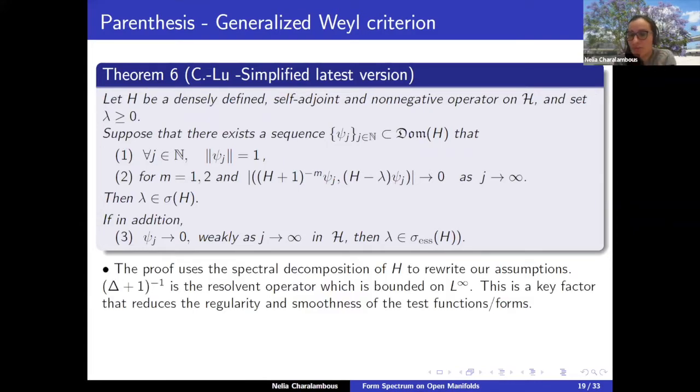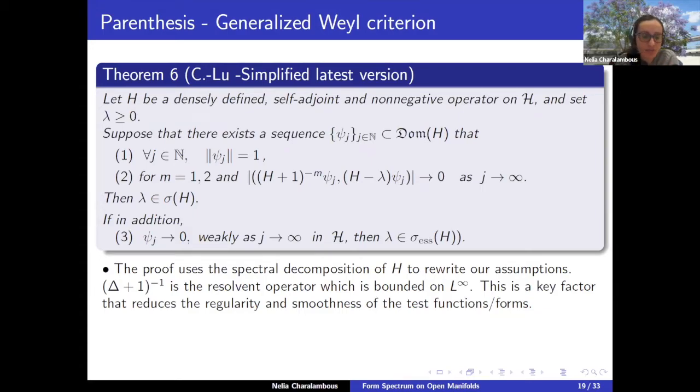So the proof is an analytic one, and uses a spectral decomposition theorem to rewrite our assumptions. And the nice part about this result is that the resolvent operator is always an operator which is bounded on L infinity. So if we have these nice bounded test functions or forms, all we have to do is show that the L1 norm of (H minus lambda) psi_j goes to 0 as j goes to infinity.